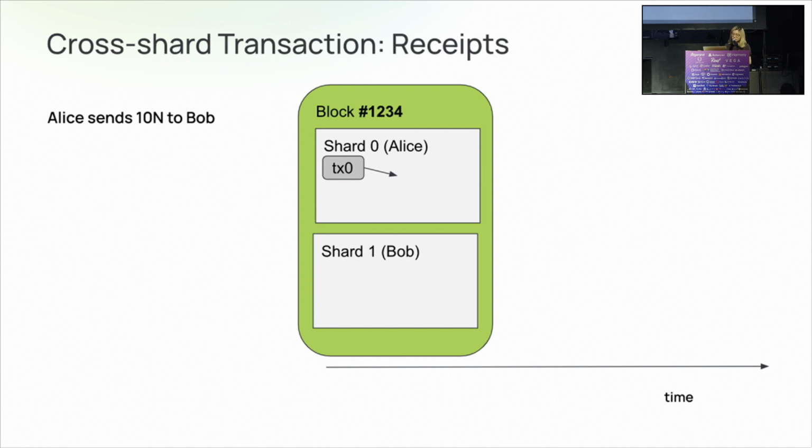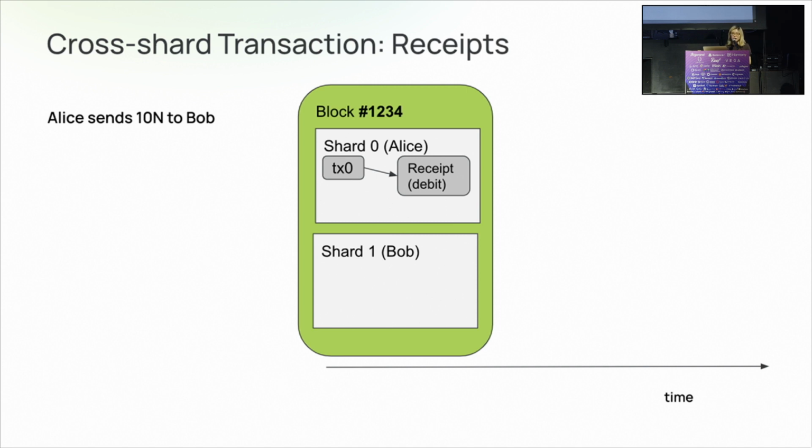At first, this transaction will be sent to shard 0, where Alice's account is. And the machines in shard 0 will verify Alice's signature on this transaction, charge Alice's account 10 NEAR, and convert this transaction into something we call a receipt.